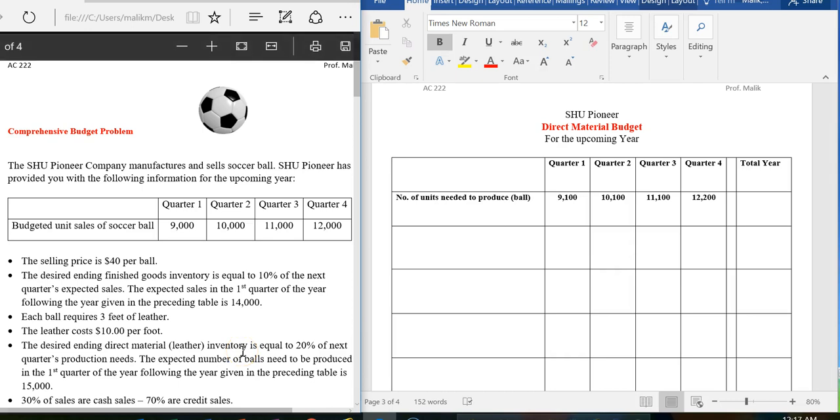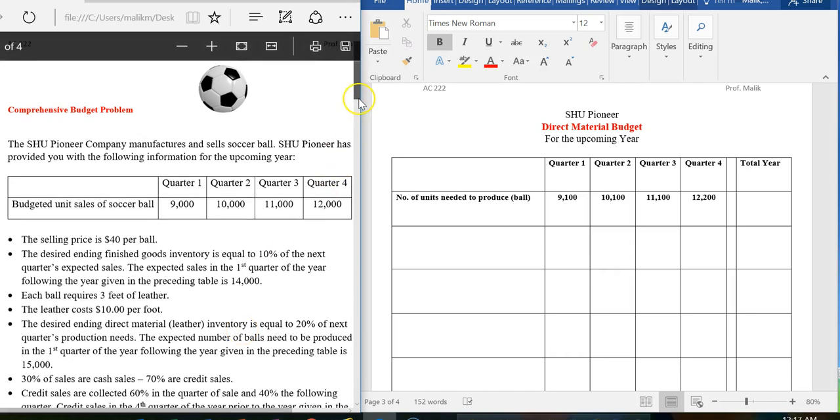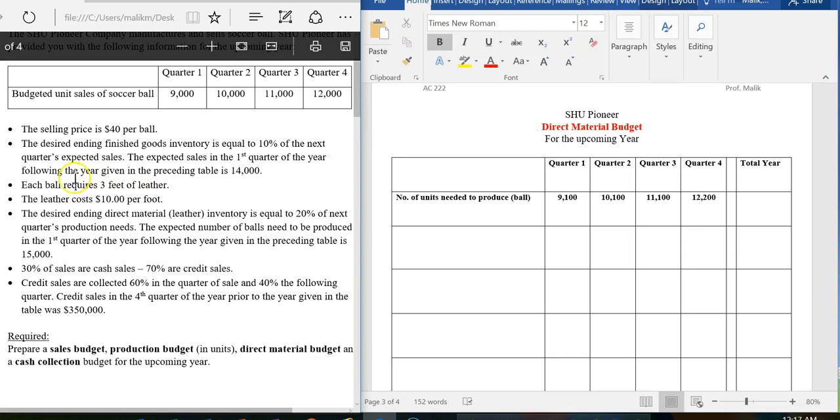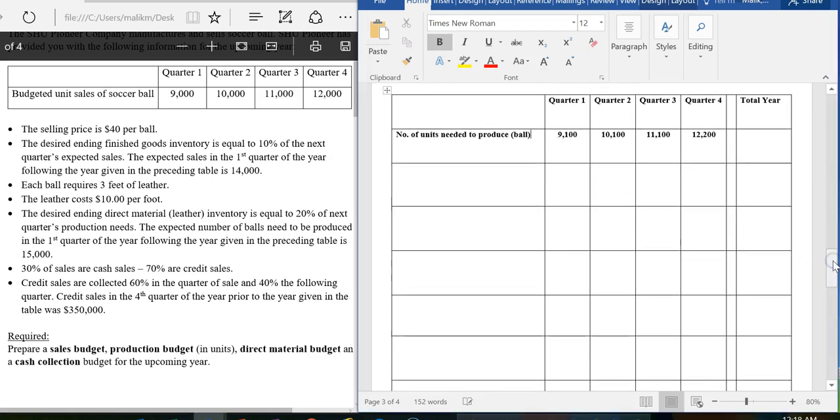If you go down here, it says that each ball requires 3 feet of leather. Here leather is the direct material. So for each ball they need 3 feet of leather, and these are the balls they're gonna produce. So we will multiply these balls by 3, and then we will figure out how much leather they need. So let's multiply it, and I'll write it down.